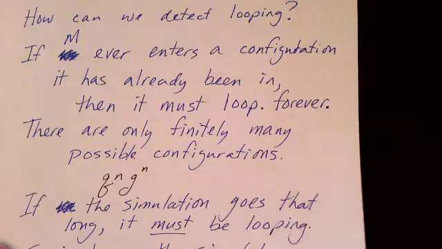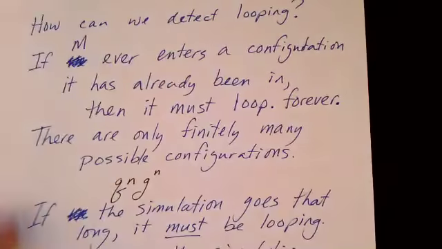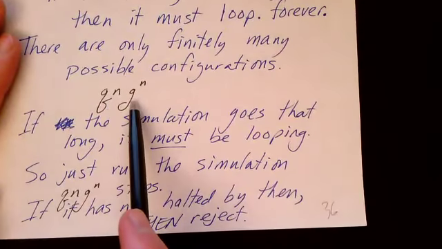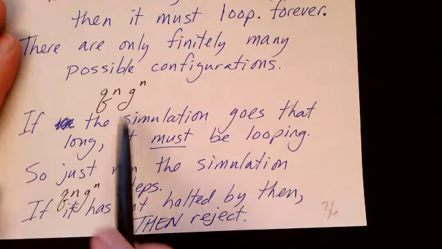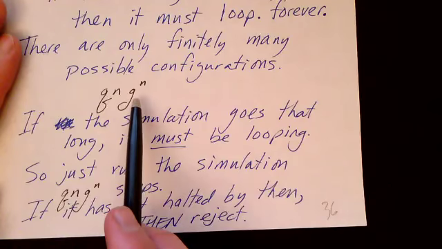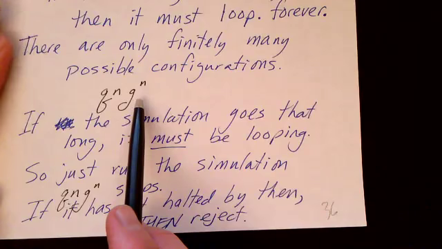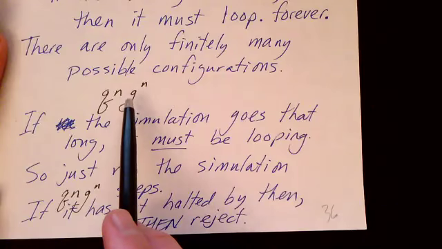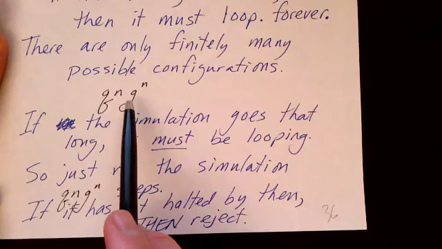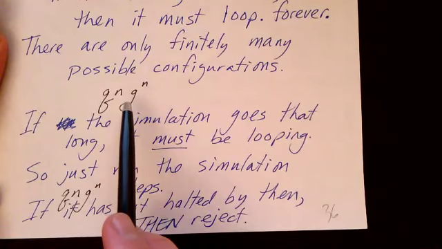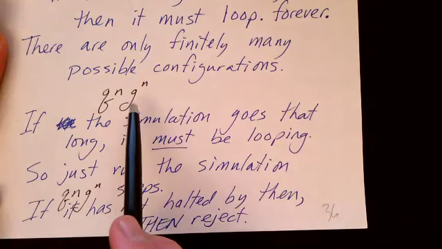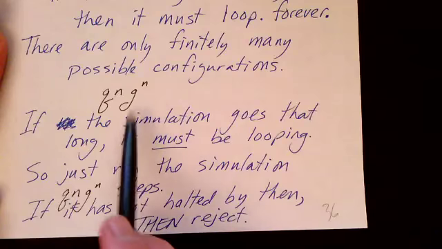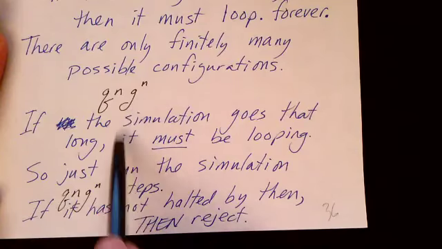So if the simulation goes on this long, for this many steps, then it must re-enter one configuration that it's already been in. There are only so many configurations, and after this many steps, it will have gone through possibly all of those configurations, and at that point must re-enter a configuration that it's already been in. And therefore, if the simulation goes on this long, it must be looping.